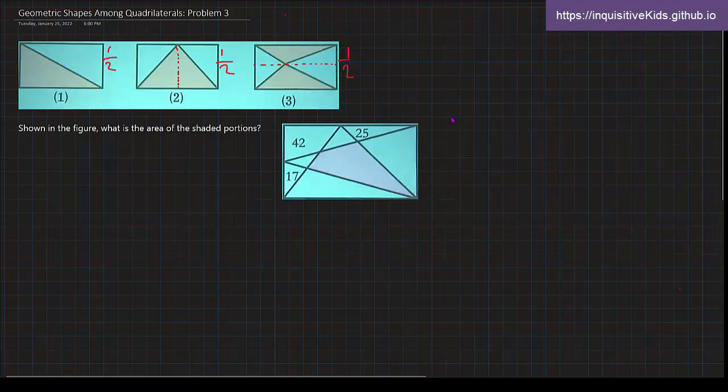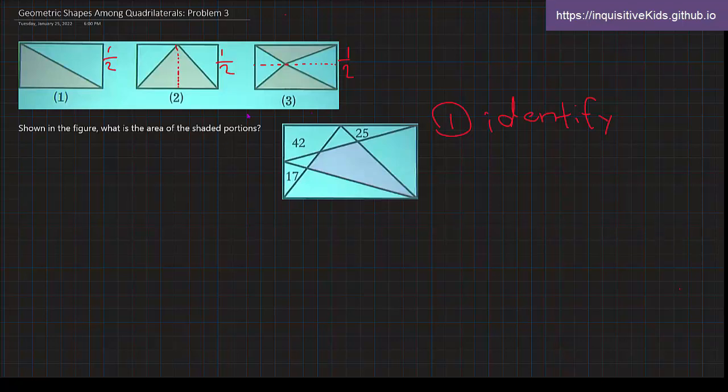So the very first step is to identify which one of these shapes it is using. If you look closely, you'll see that it's actually made up of 2 of these. The first one looks like this.